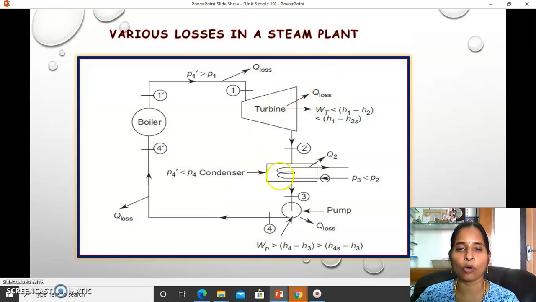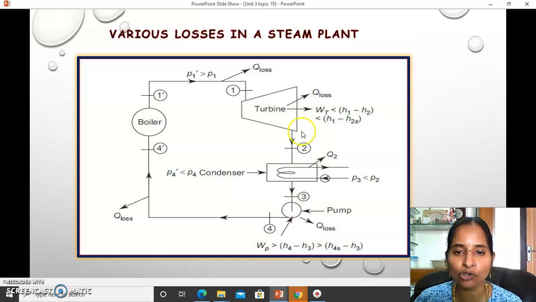Like here, I told about the latecomers, those who are not punctual, not perfect in anything. Here also this turbine and pump are imperfect fellows.